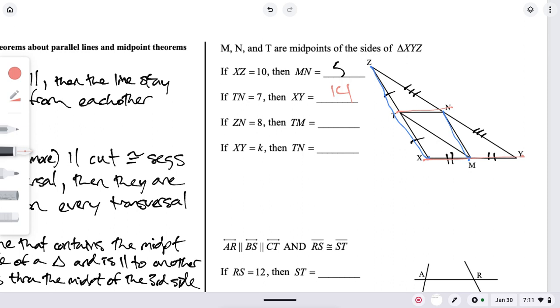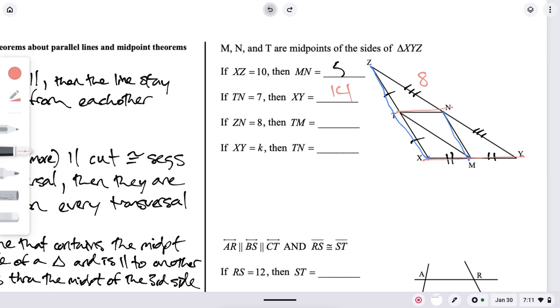So if ZN equals 8, then TM, this side here. I'm trying to figure out a way I want to mark this.